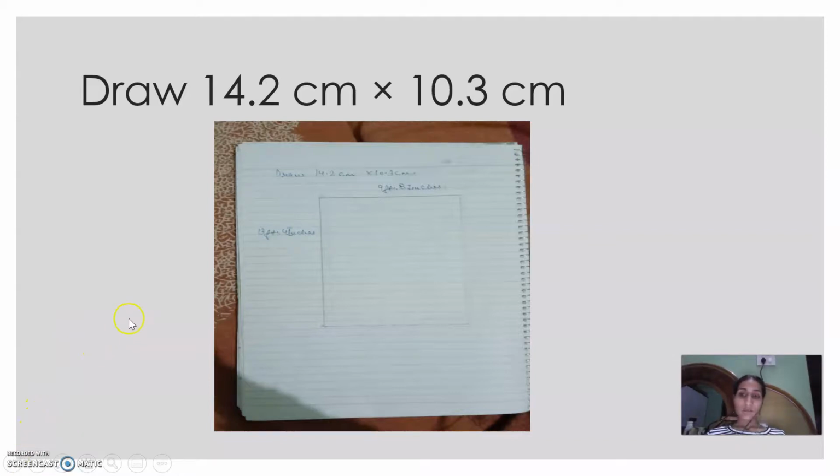After this, we write the next step, which is write your measurements as draw 14.2 centimeters into 10.3 centimeters. And our figure should look like this.